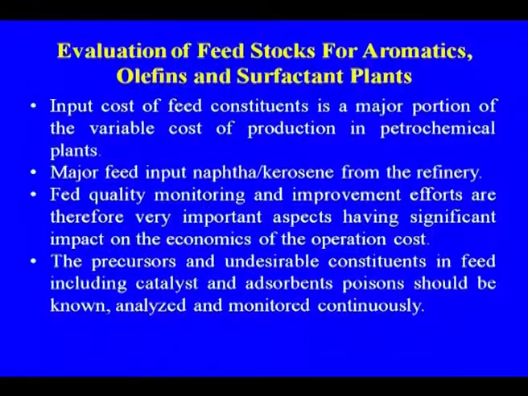The precursors and undesirable constituents in the feed, including catalyst and adsorbent poisons, should be known. For naphtha and kerosene, we already discussed why we do the pre-treatment while discussing the Pyrex process. Similarly, in refinery operation we use a large number of catalysts, whether in catalytic reforming, FCC or hydrocracking, and in all the processes pre-treatment is done.